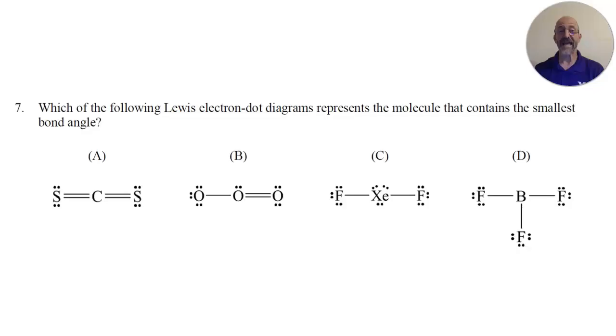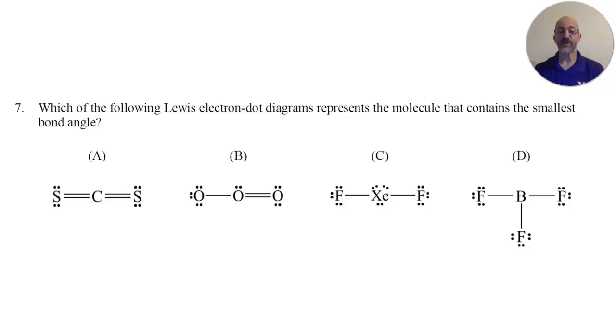Or just because the atoms are arranged with a particular T-shape does not mean that the molecular geometry is actually T-shaped. So just be aware that the molecular geometry may not be reflected in the Lewis electron diagram that you're looking at on the screen.